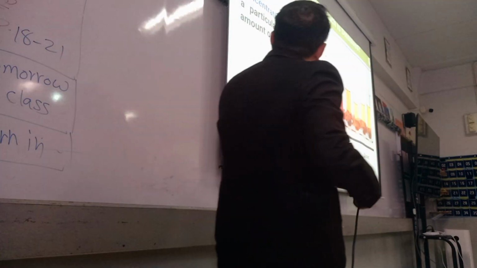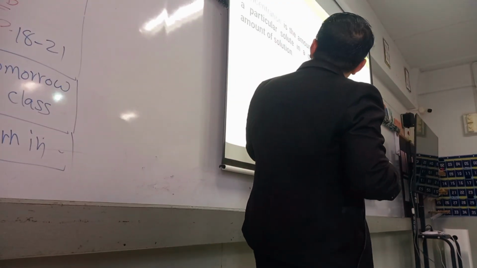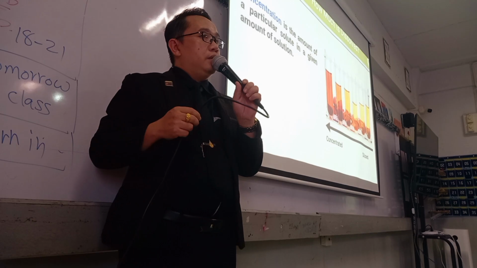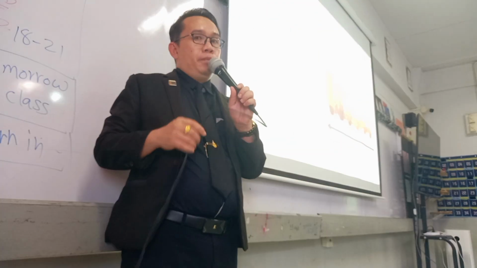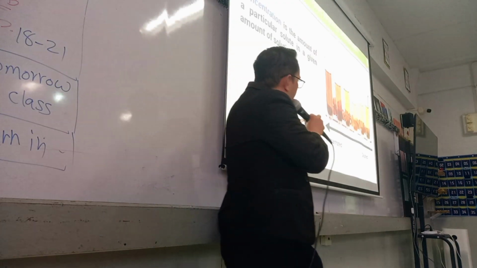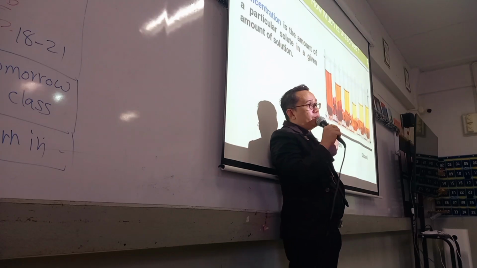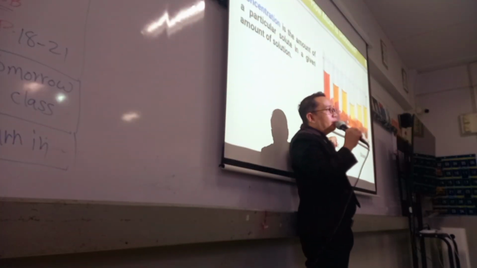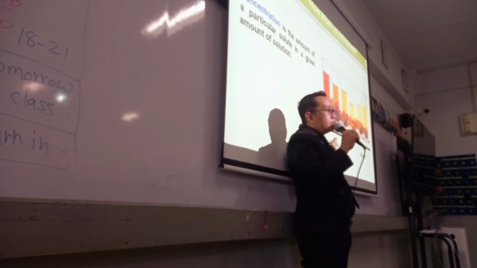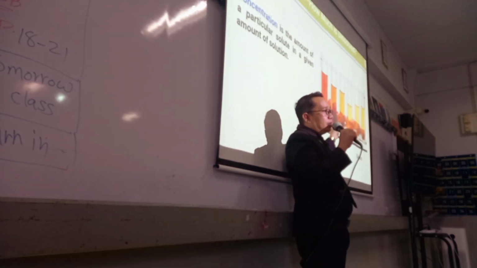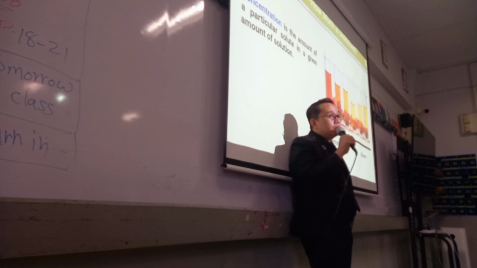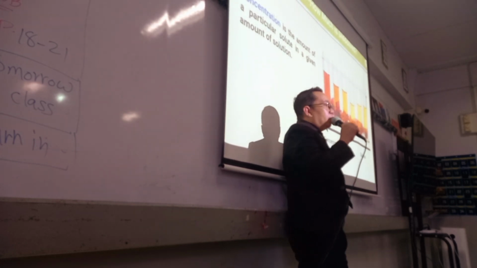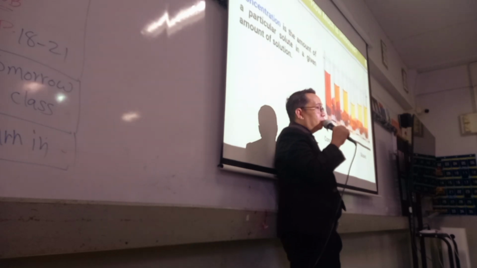Concentration is the amount of a particular solute in a given amount of solution. For example, I already explained this to you in our previous presentation, right? If there is too much solute but less water, what happens? It turns out oversaturated.